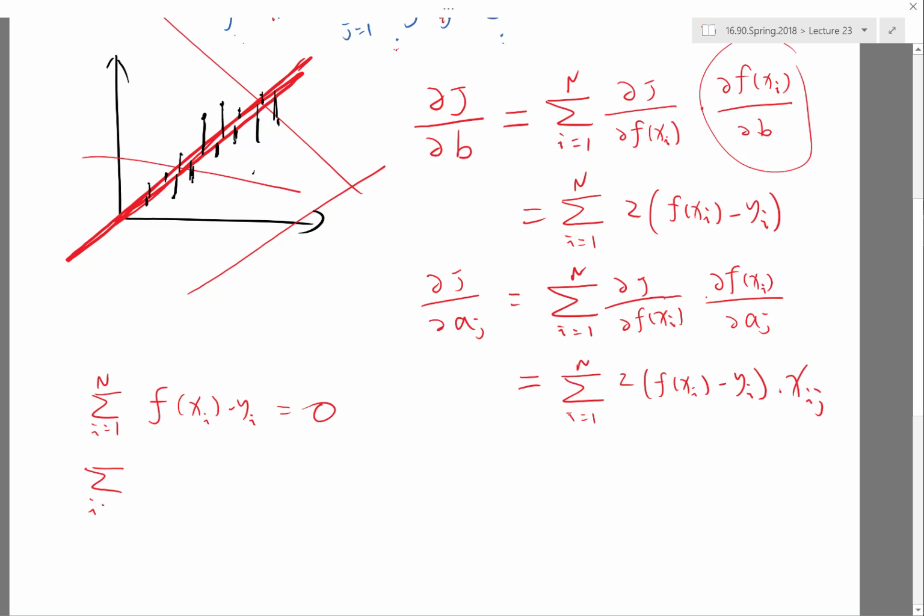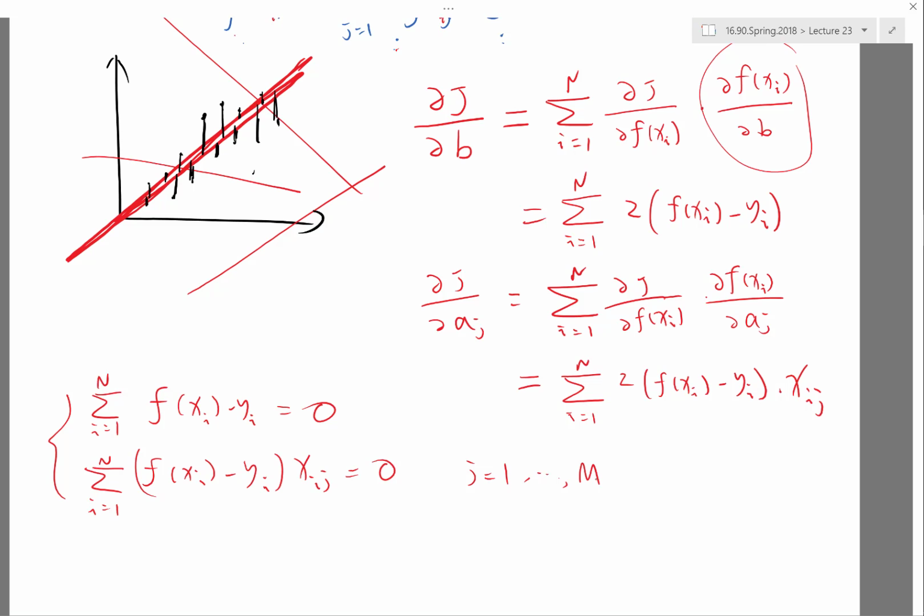And also the summation from 1 to n of f of x_i minus y_i times x_ij has to be 0. So how many equations do I get? Here j goes from 1 all the way to the number of dimensions. I get n plus 1 equations, right? The number of a's plus 1, which is the number of b.